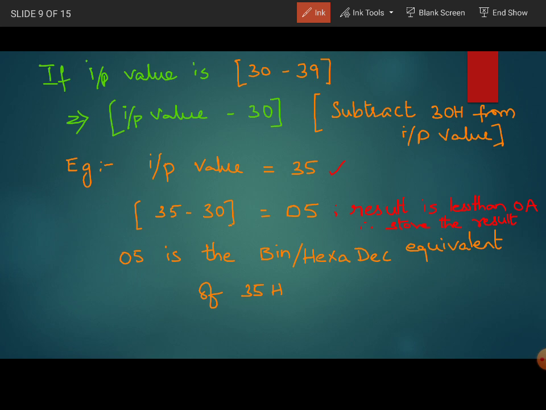Input value minus 30: 35 minus 30, and the result is 05. Now if you check, the result is less than 0A. 0A means nothing but 10. So the result is less than 0A. Therefore, store the result into the memory. Why? Because 05 is the binary or hexadecimal equivalent of 35. So 35 is given and you have got the 05. You got your code conversion.